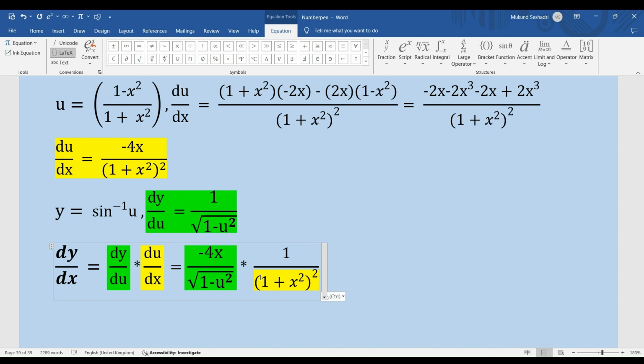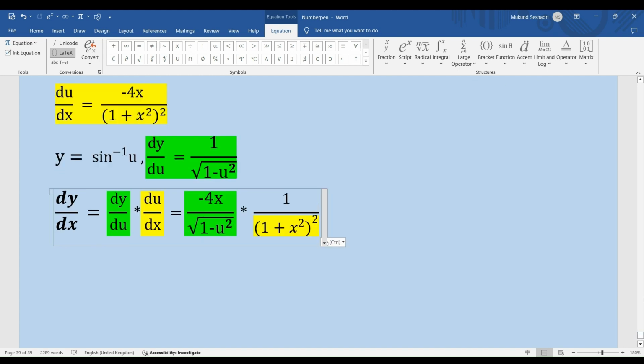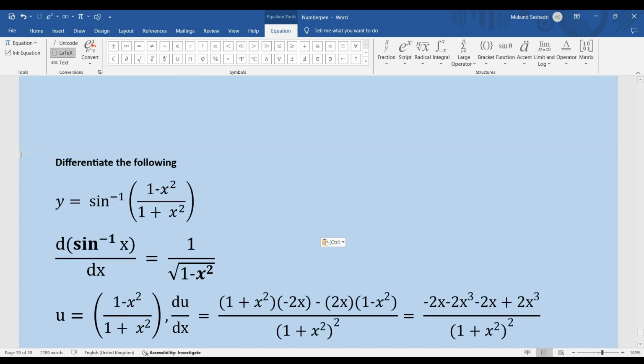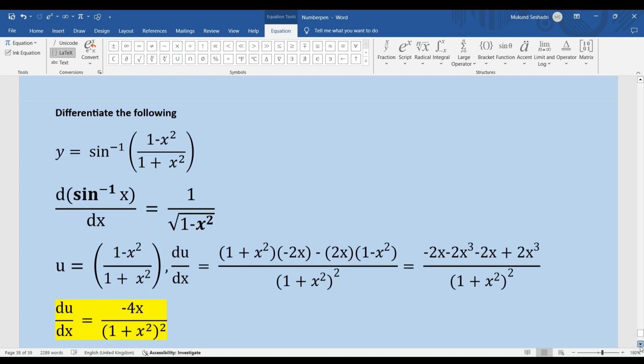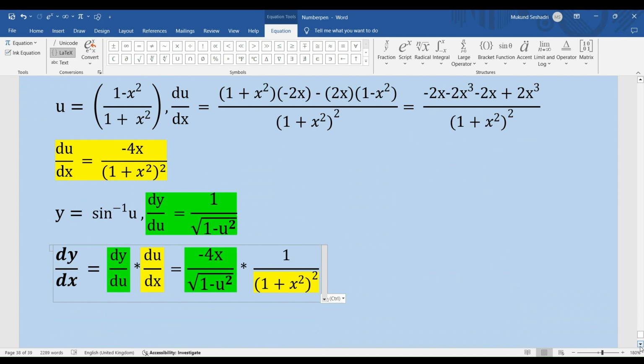But then what I notice is my answer is in terms of u and x, right? I've been asked to find dy by dx, so my final answer has to be represented in terms of x, right? Which means for my u, I go back to the substitution I made originally, this substitution, right?